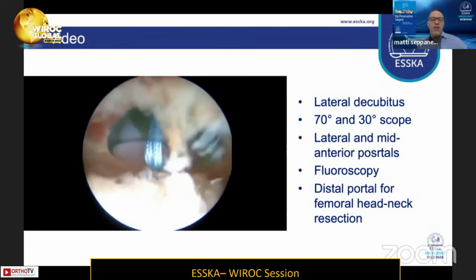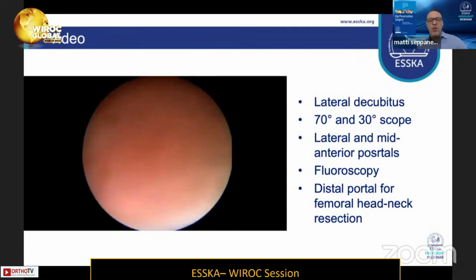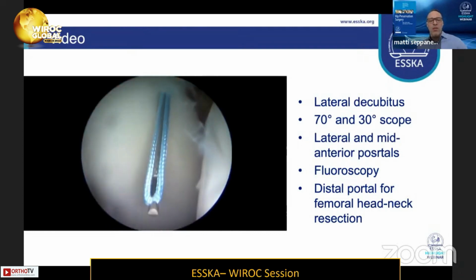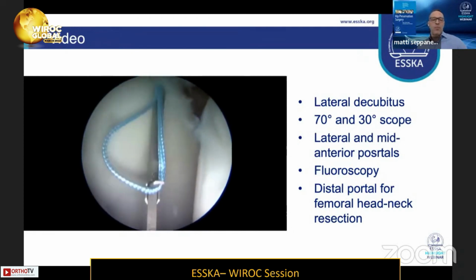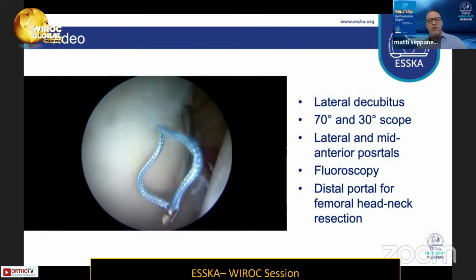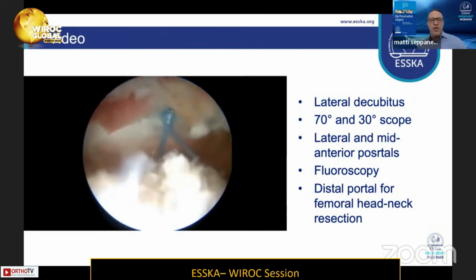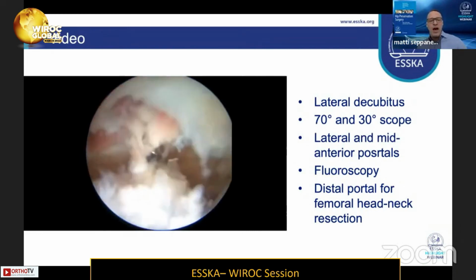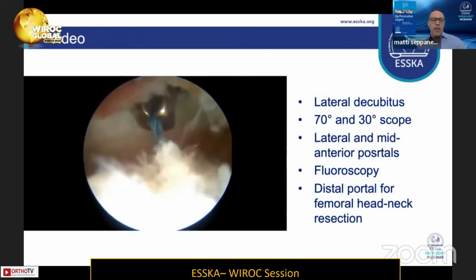You can measure the amount of the resection when you compare it to the width of the burr blade. You can see how to put the sutures on, and be careful not to tighten those sutures too much so you don't retract your labrum too much, and you can keep the function of the labrum properly.